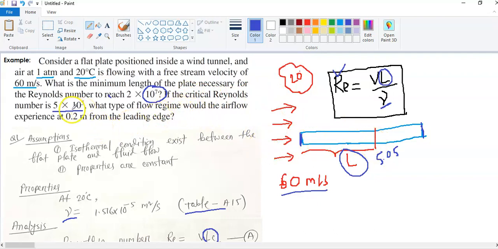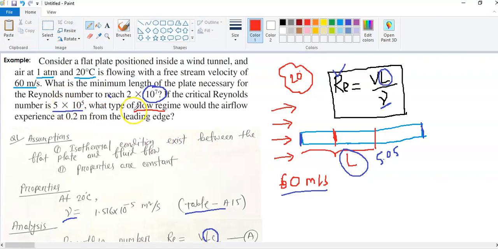Now the question is at 0.2 meters. Let's say this 0.2 meter is somewhere here. What should be the flow regime? In a general sense, we may think that if at this distance 5.05 the Reynolds number is 2 times 10 to the power 7, then maybe at 0.2 meter it will be less than this value.